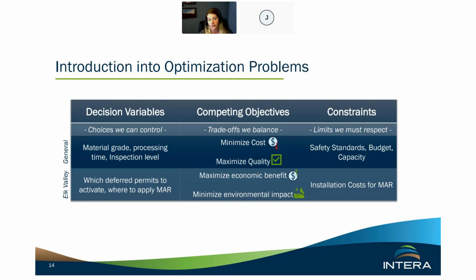In this case at Elk Valley, we're trying to maximize the economic benefit, right? There's some dollar amount tied to the water being withdrawn that's being requested. But at the same time, minimize environmental impact. We don't want to be impacting any prior appropriators or new appropriators, and we also don't want to be drying up any of the rivers or anything like that.